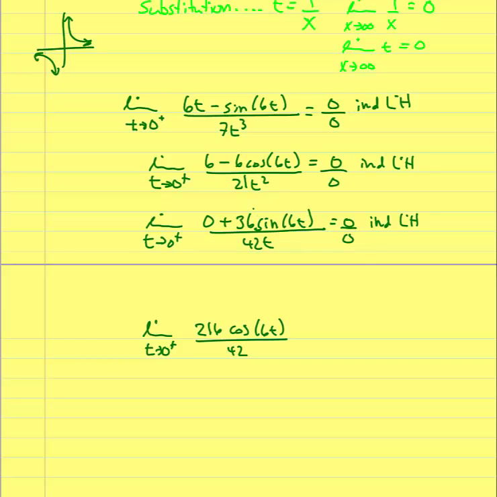I get 6. 6 times 36 is 216. So when I take the limit as t approaches 0, the cosine of 0 is 1, and I'm left with 216 over 42, which reduces to what? 108 over 21. These are both divisible by 3, and I end up with 36 over 7. So there are so many different ways that we can rewrite this.